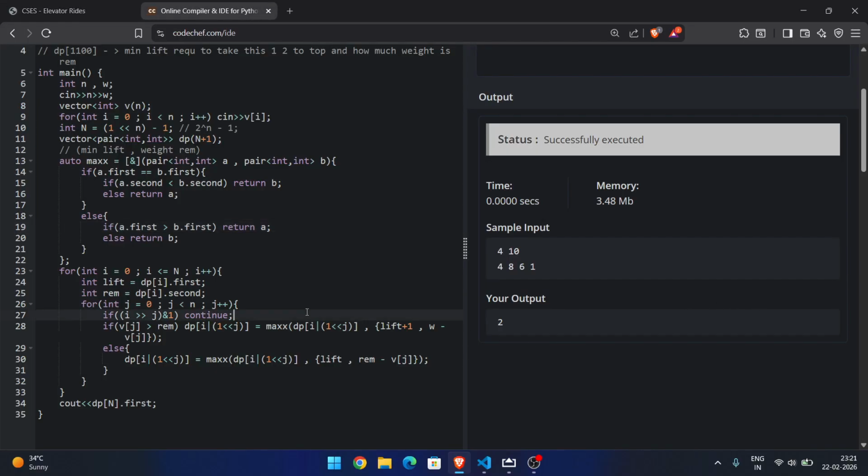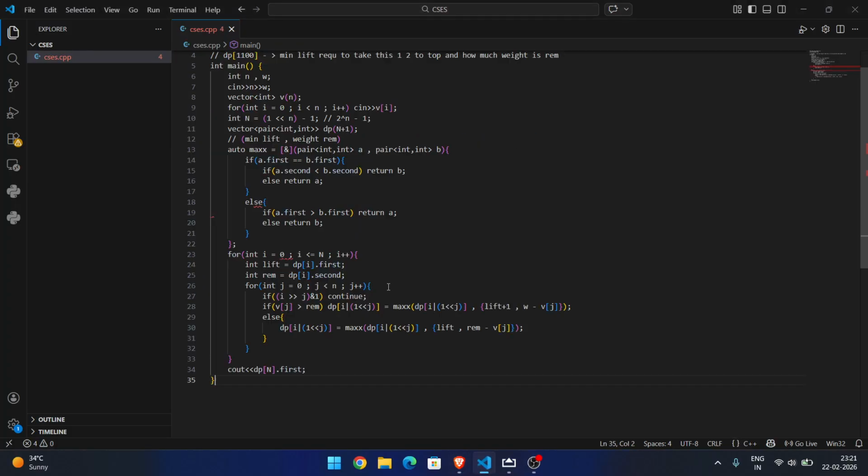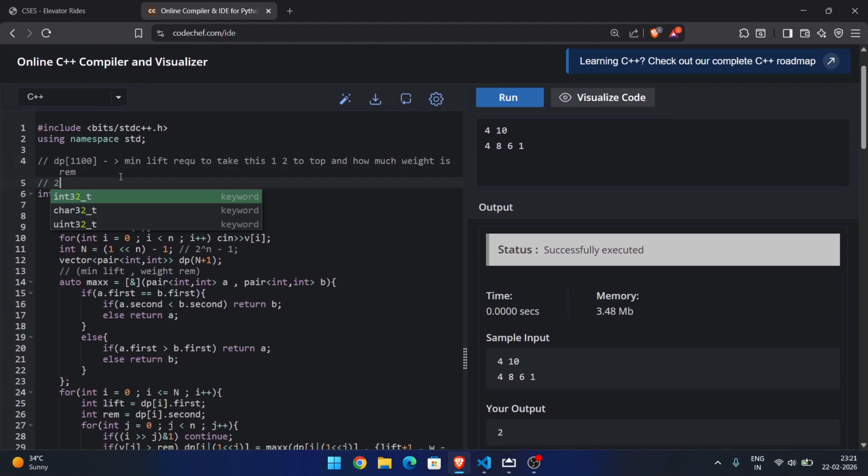Okay, so we got our answer. The time complexity would be, as I told earlier, 2 to the power n, because these are the number of possible states, into n, since for each state we are iterating n times.